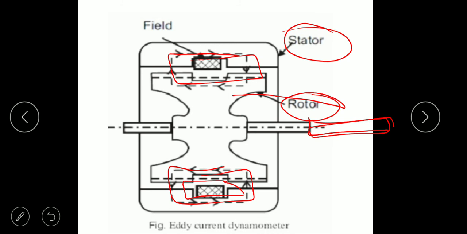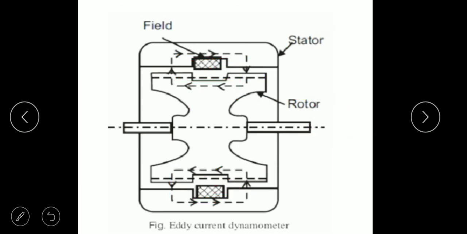The magnetic field developed by the coil will be disturbed, and because of the rotation of the rotor, eddy current will generate in the rotor component.